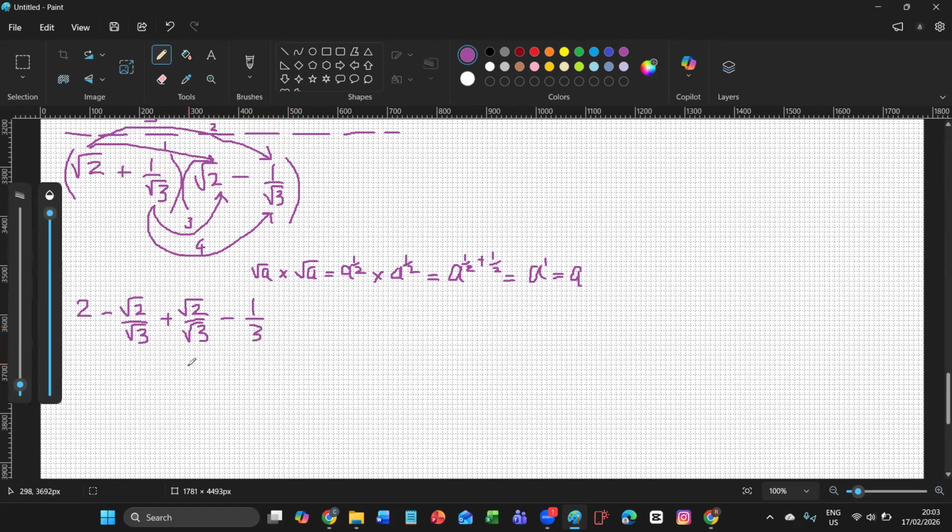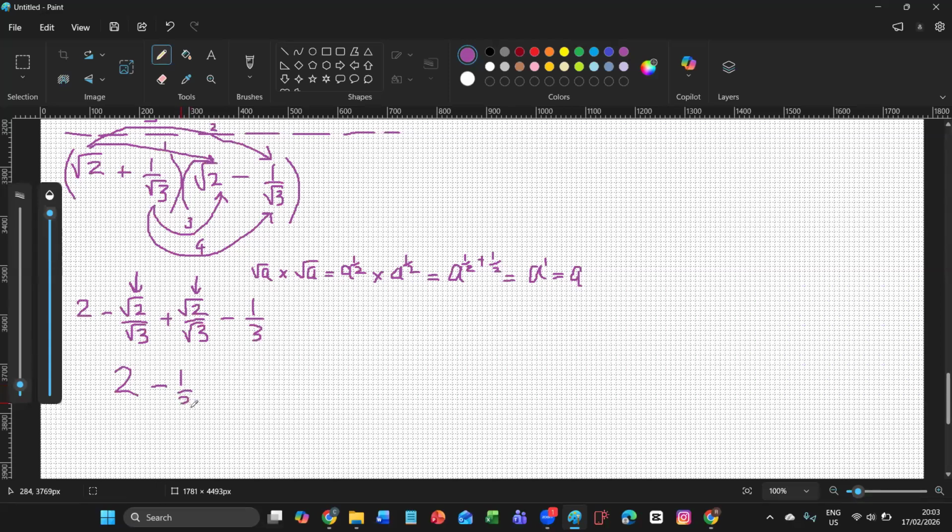So, of course, I'm sure you can see what is happening here. This one and this one are the same, aren't they? Yes, sir. And there's a minus in front of one of them and a plus in front of one of them. That kind of scenario is a canceling out scenario, which means they will subtract themselves out, isn't it? Yes, sir. So that means that my final answer is what? 2 minus 1 over 3.